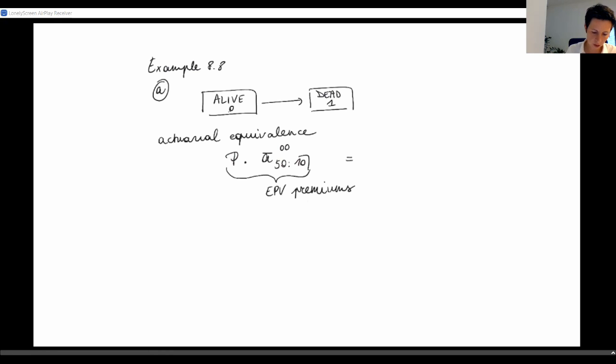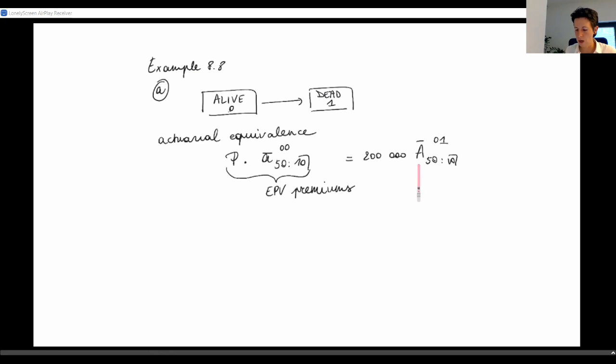Then on the other hand, I've got the EPV of the insurance benefit. So that's a death benefit of 200,000. And I'm going to pay this benefit at the moment of making the transition from the alive state to the dead state. So that's what I'm doing over here. That's the notation we encountered last week.